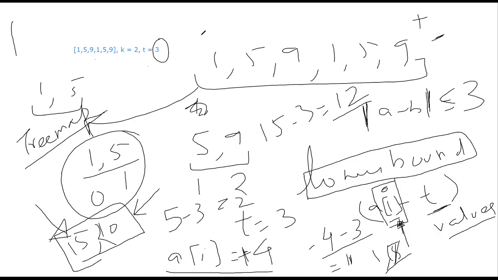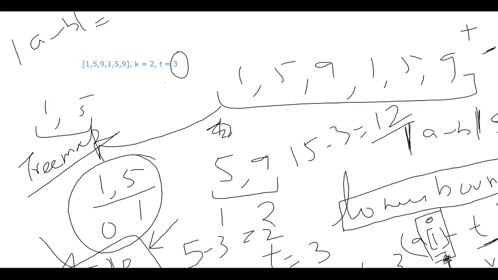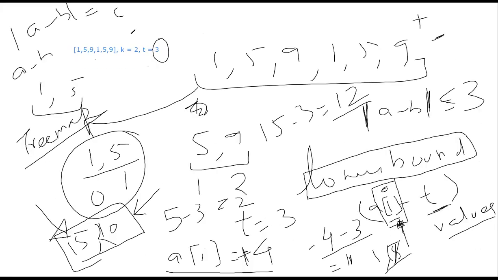So if we consider mod of a minus b equal to c, then we actually have two equations here, not just one. So a minus b can be equal to c, or b minus a can be equal to c, right? Because mod will convert both of them into a single value. So we cannot just look at one side, a minus b. We'll have to look at the other side also.